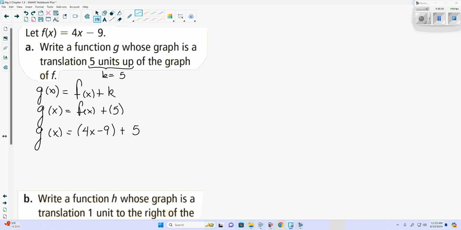So our next step would be to replace f of x with its function. So we replace it with 4x minus 9. Now, could I have done that in the previous step? Replace k and f of x at the same time? Yeah, we could have.